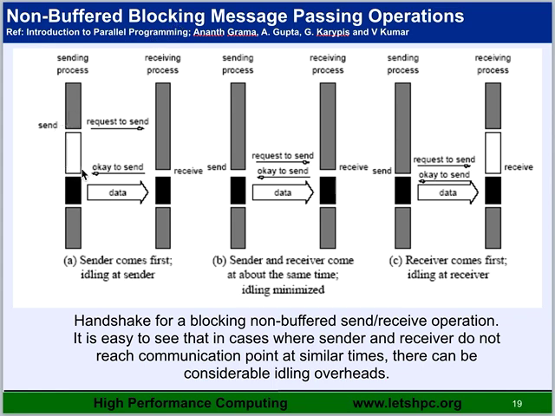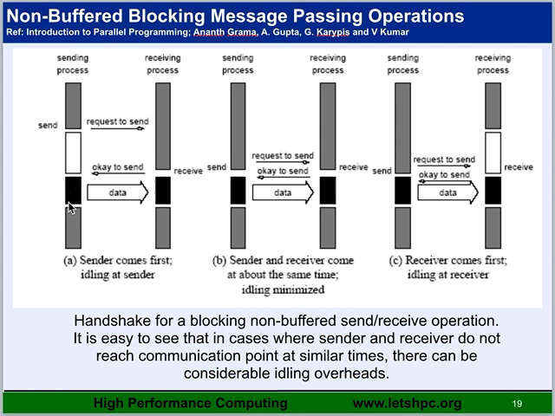This has been blocked because we want to make sure that the CPU performs something on the sending side only after it is guaranteed that the data will reach the receiving process properly. Once the receiving process says, okay, now I am ready to receive the message, the message actually goes from the sending process to the receiving process.